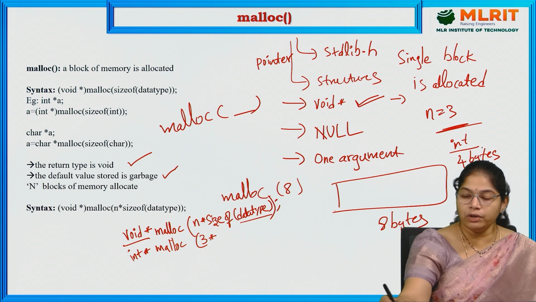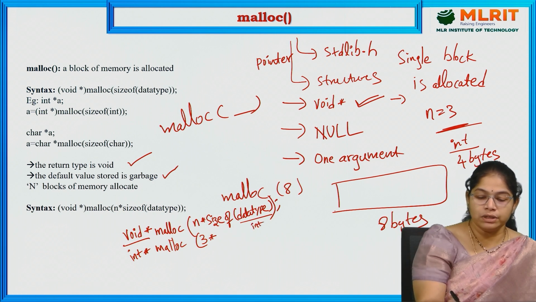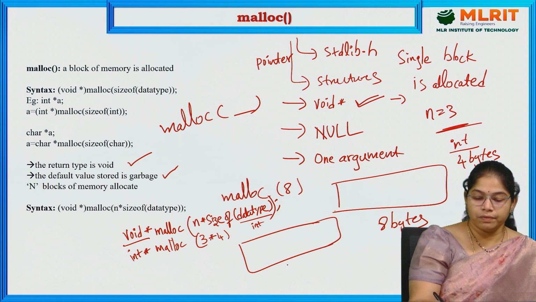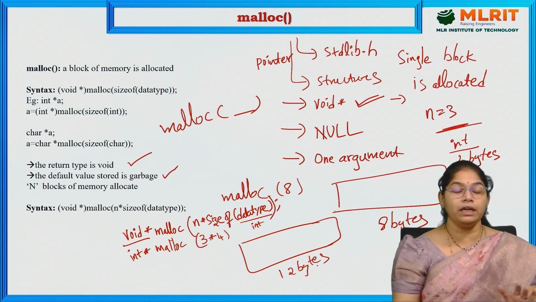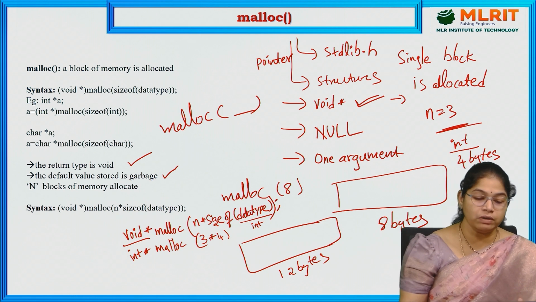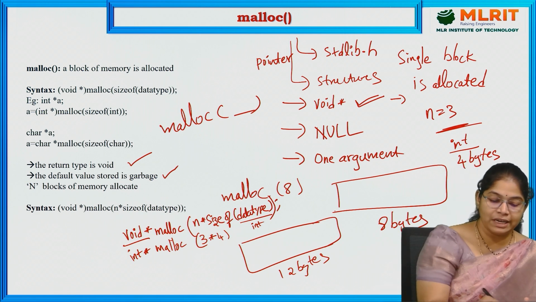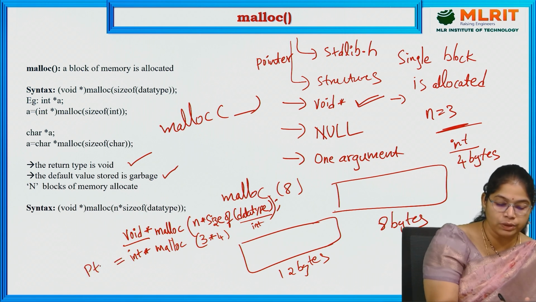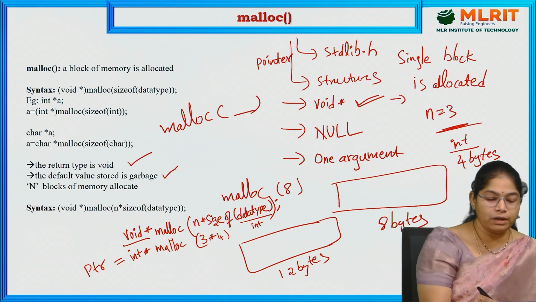Which type of value do I want to store here? Integer, and an integer occupies 4. So in total 12 bytes of memory is allocated from the heap section. On successful allocation, it returns a base address. To store that base address, we need a pointer.